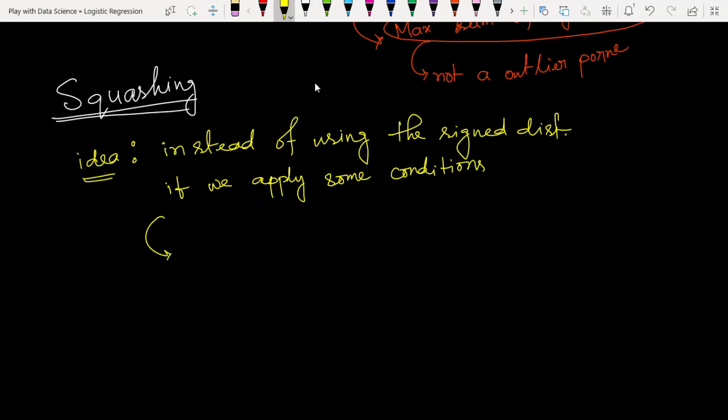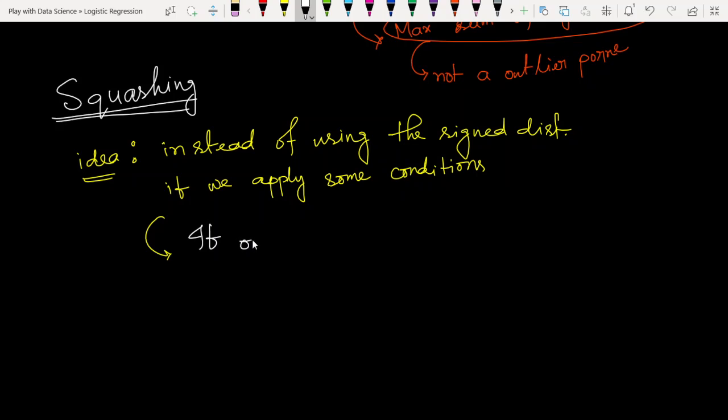Let's write down this situation clearly. This is the main concept of squashing. If the distance is small, just take it as it is. If the distance is large, then we try to make the distance smaller.